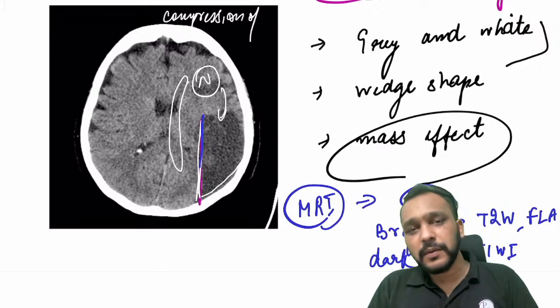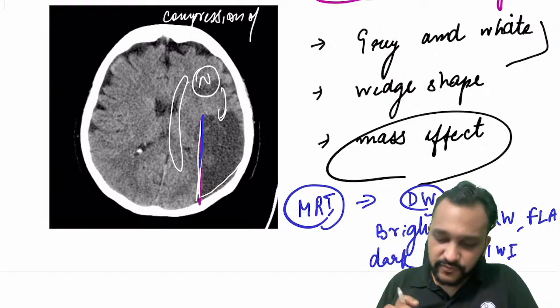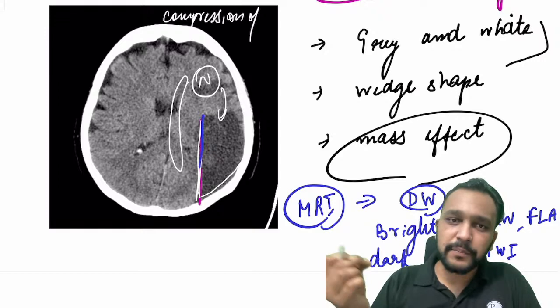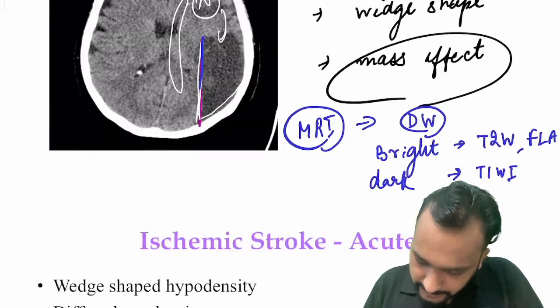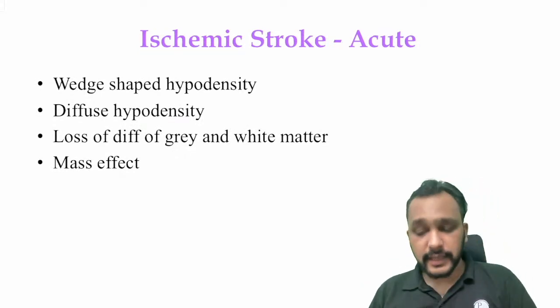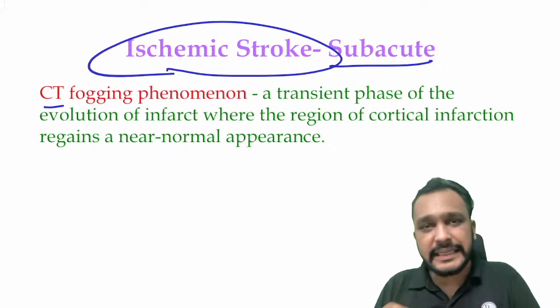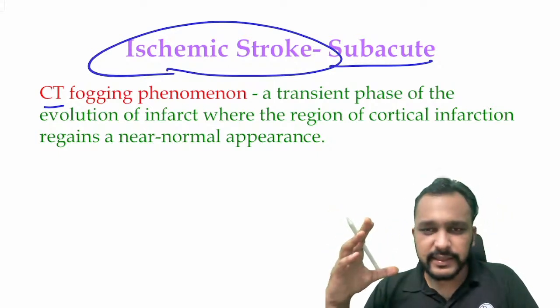Why is it appearing normal? Because of the hemorrhages which are taking place within the region of infarct, and this area appears like a normal brain parenchymal tissue, right? So these are the features of subacute ischemic stroke, and this phenomenon is known as CT fogging phenomenon. Basically, the findings of CT are obscured.